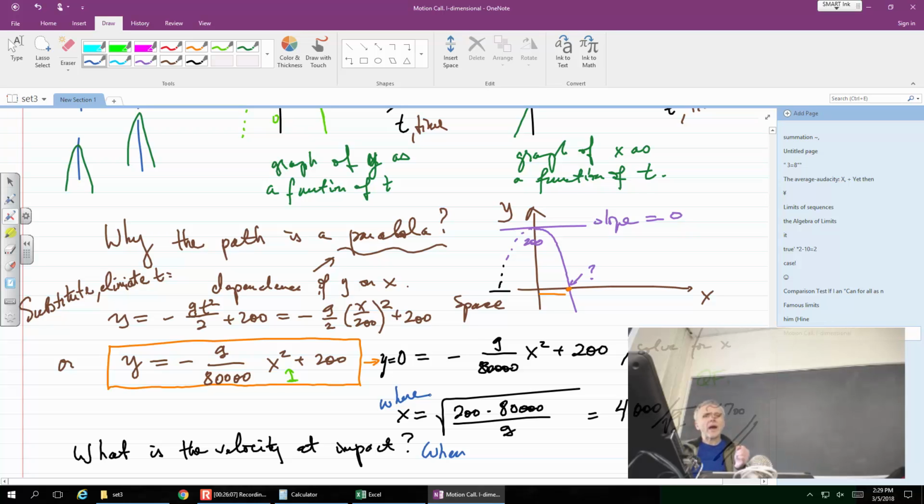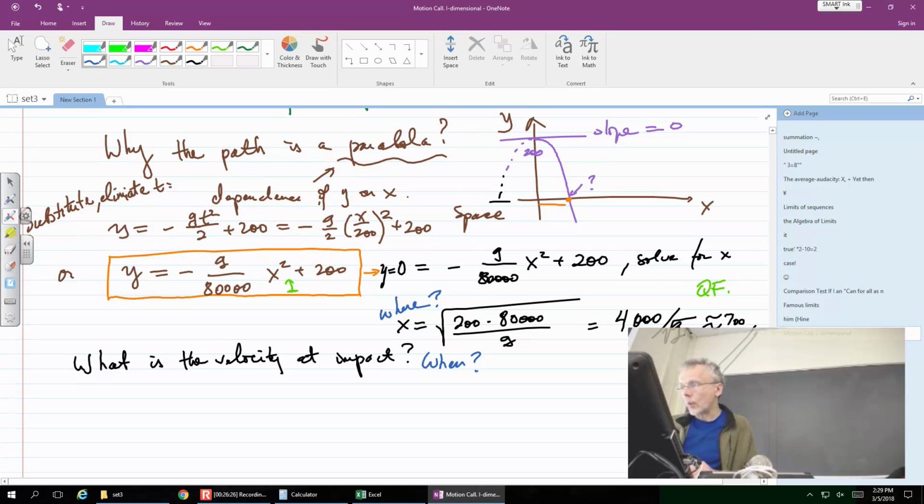If it's very heavy, and maybe has some aerodynamic shape, it is unaffected by air. It has been tested with just that. But we still need to know when. So another way of solving the problem would be to answer that question first, and then you know when, and then you know not only where but also how fast.